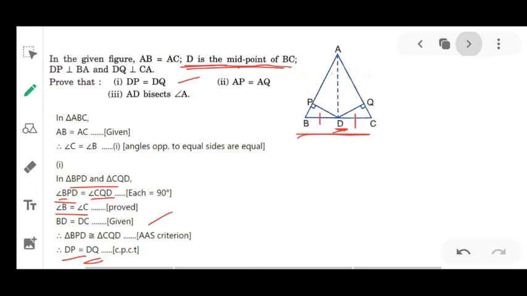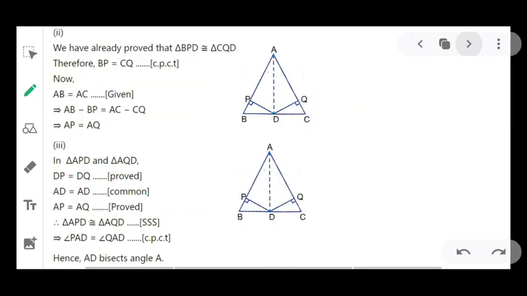The second bit is you have to prove AP equals AQ. We have already proved that triangle BPD is congruent to triangle CQD, so the side BP equals its corresponding side CQ. And AB equals AC, that is already given.